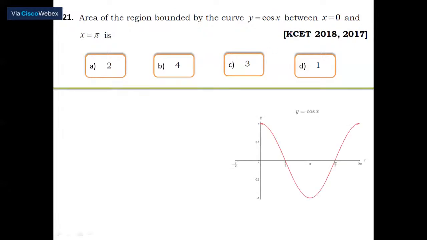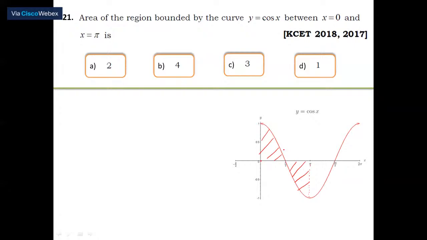Okay. Here, what is asked to find out is the area of the region bounded by the curve y is equal to cos x between x is equal to 0 and x is equal to pi. So here is our x is 0 and here it is pi. So we have to find the area below the curve, that is the area bounded by the curve cos x from 0 to pi.